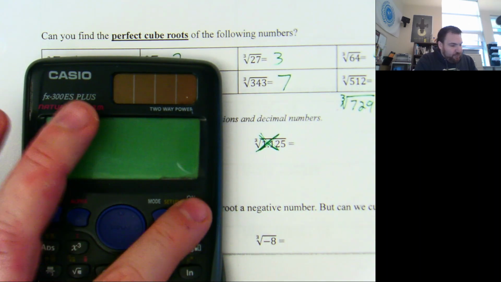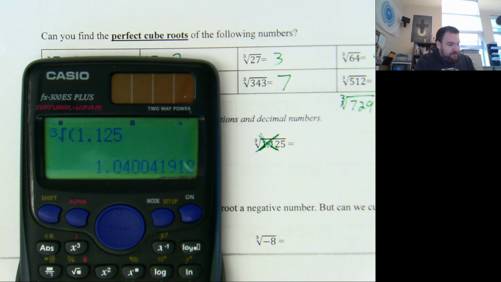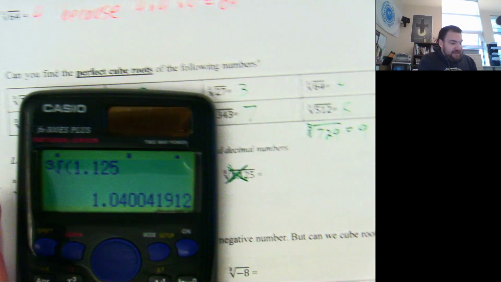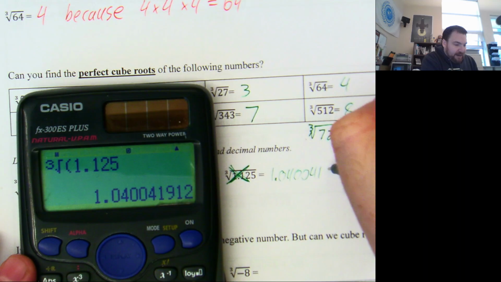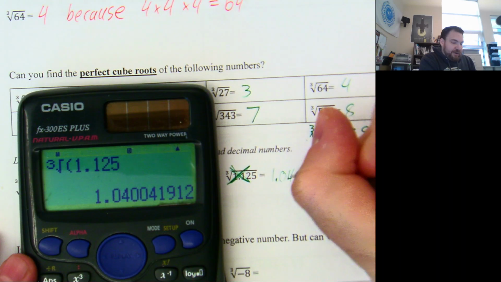I have a cube root button, so let's use the cube root of 1.125. It's not a perfect cube because this goes on forever. This is 1.0400419112... It just goes forever.